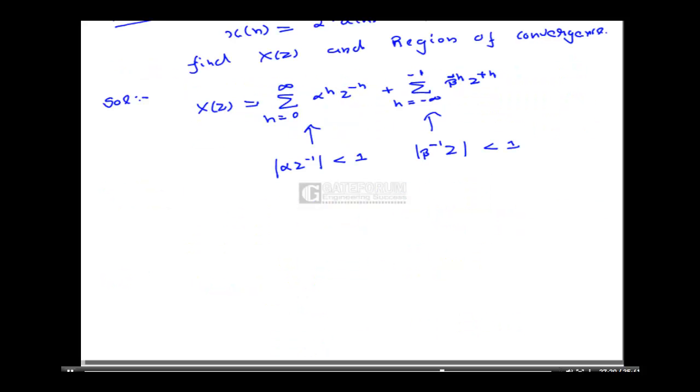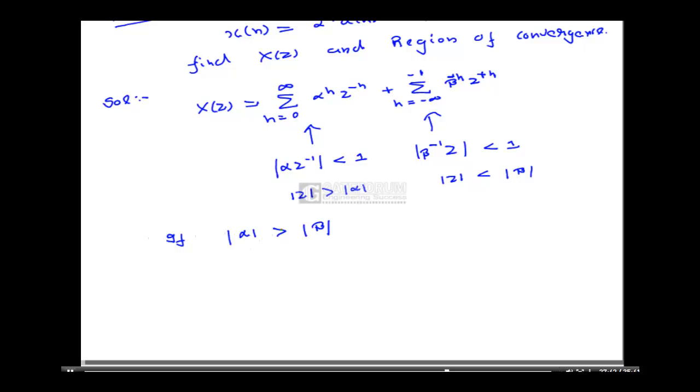So here my mod z becomes greater than mod alpha. Here my mod z becomes lesser than mod beta. Okay. Now if mod alpha is greater than mod beta, then what will happen?